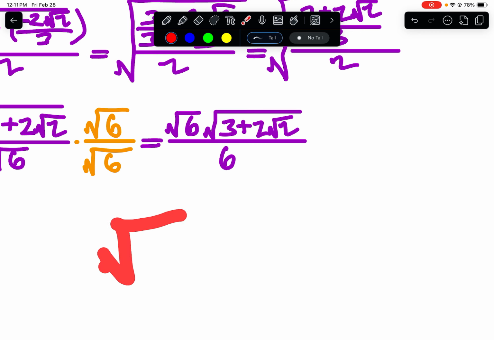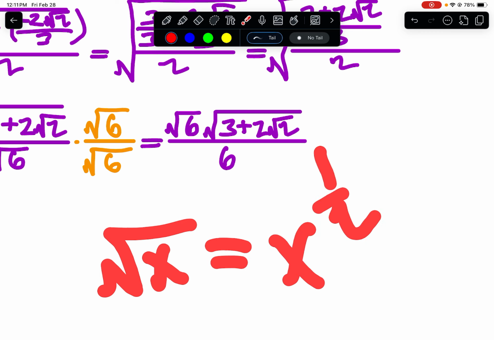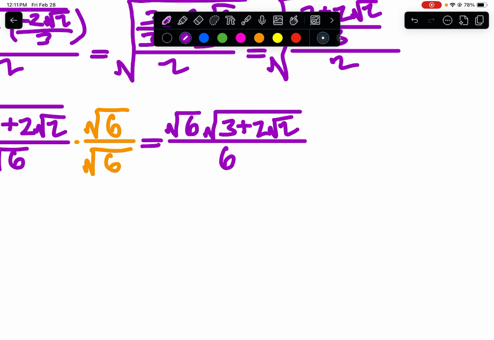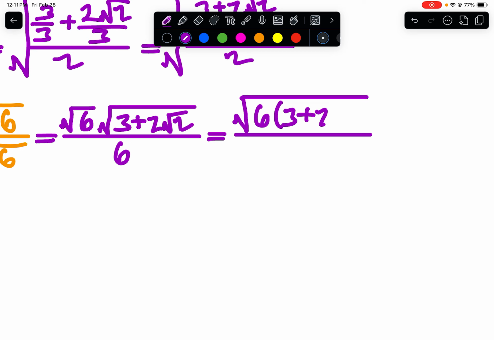The square root of x is the same as x to the 1/2 power. These all have the same exponent, which means I can combine them into one radical. So I'm going to rewrite this as the square root of 6 times 3 plus 2 root 2, all over 6.